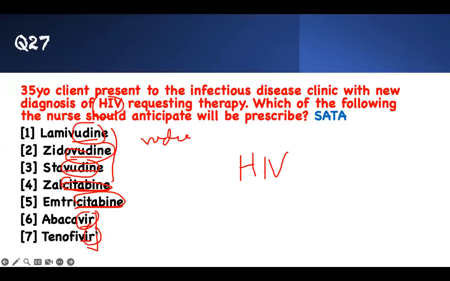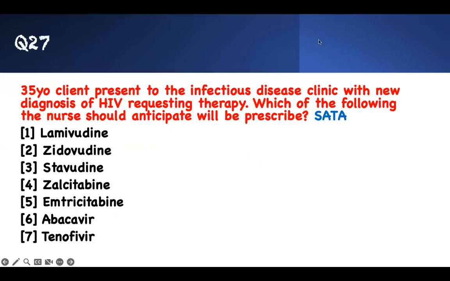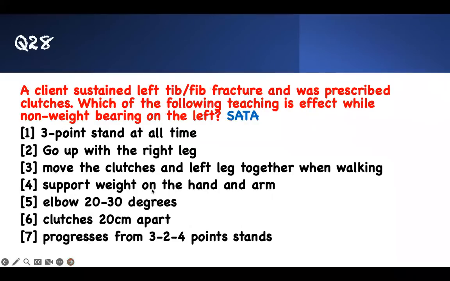These are all different kinds of HIV medication. I give it to you so that you can recognize them in case they ask. You can find the surname and remember them, and you can answer any questions. That's that one.